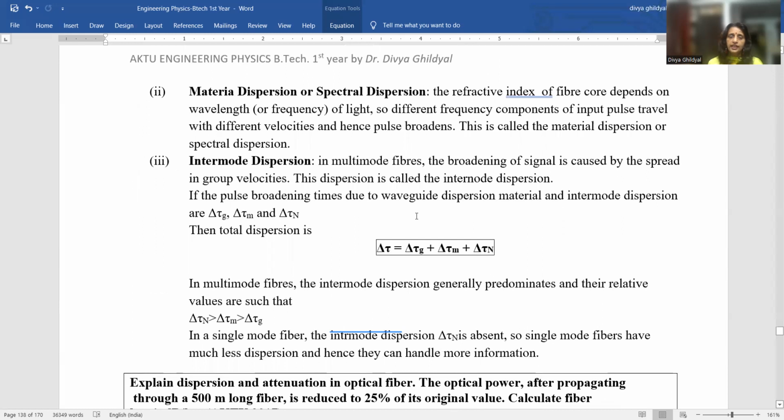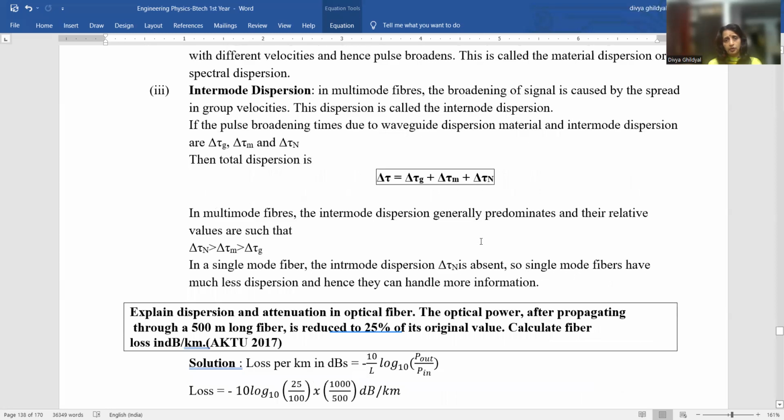Intermodal dispersion can be the spread of group velocities. So total dispersion can be given by the sum of waveguide dispersion, material dispersion, and intermode dispersion, or the pulse broadening.